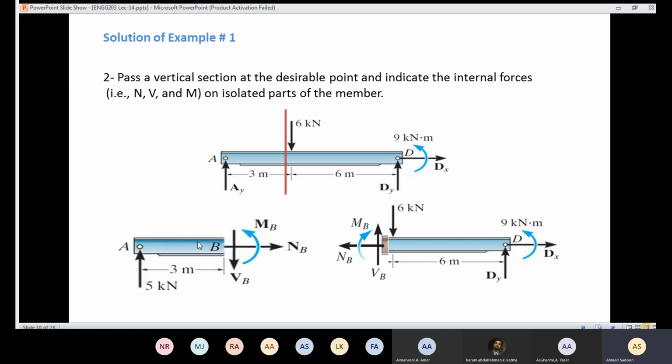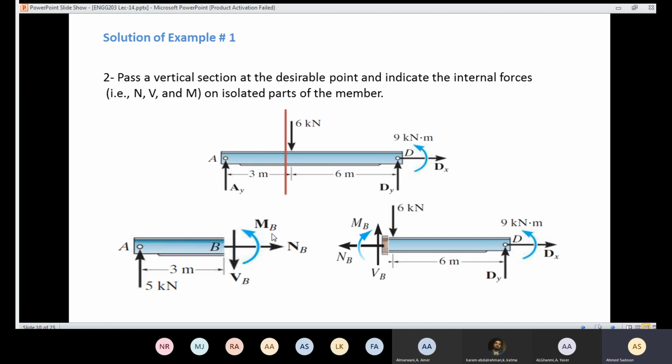So regarding segment AB, I need to show the normal force, the shear force, and the bending moment diagram. Make sure that you use the positive senses. We discussed this. This one is going to be the positive, and the positive. Also, we can use the right part. Again, we need to put the positive senses.